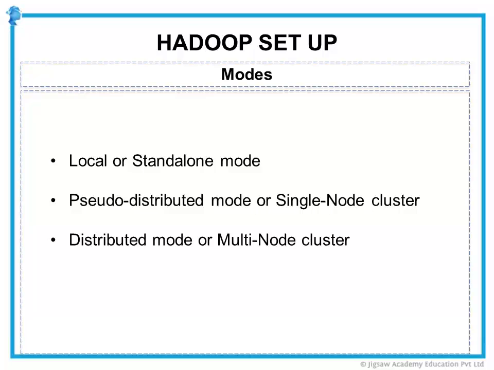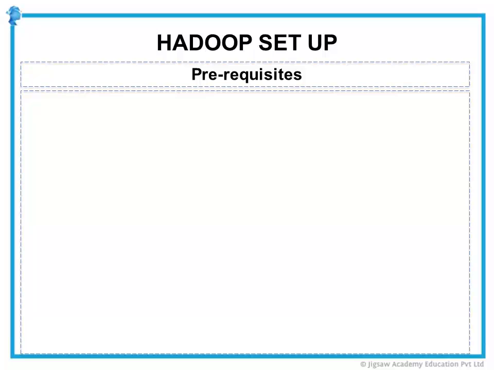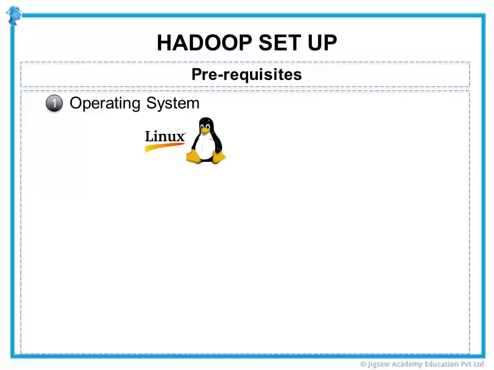So first, let us get down to setting up Hadoop. There are a couple of prerequisites for setting up Hadoop. Firstly, we have the operating system. Linux is the official development and production platform for Hadoop. A significant number of production clusters run on Red Hat Enterprise Linux or its freely available sister CentOS.